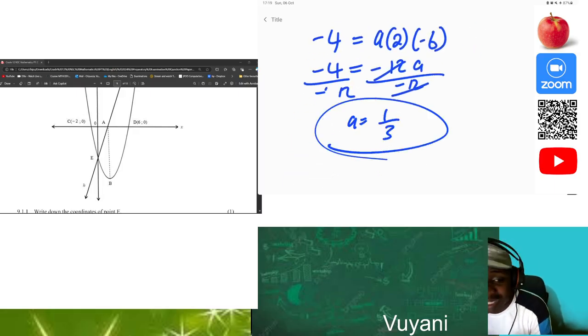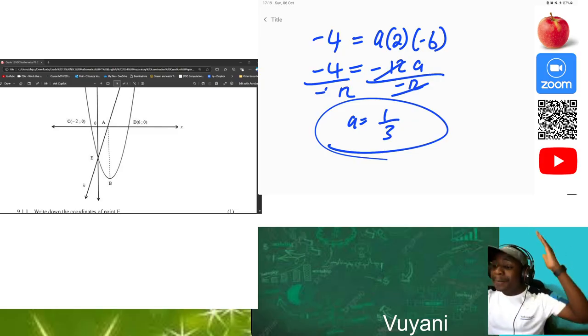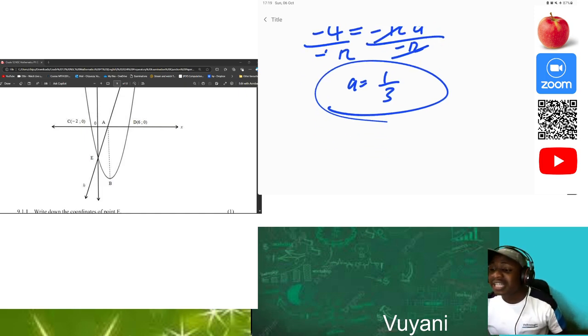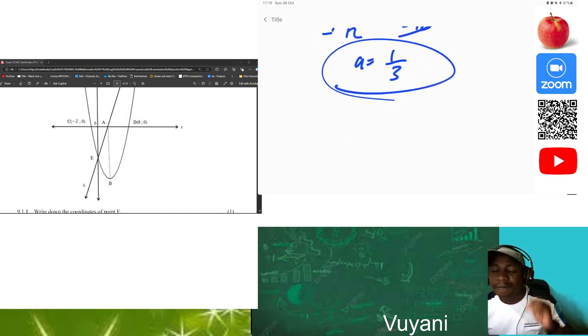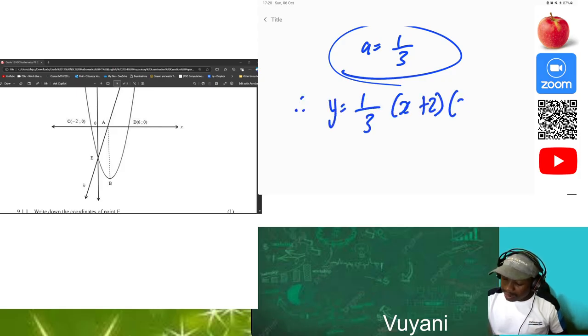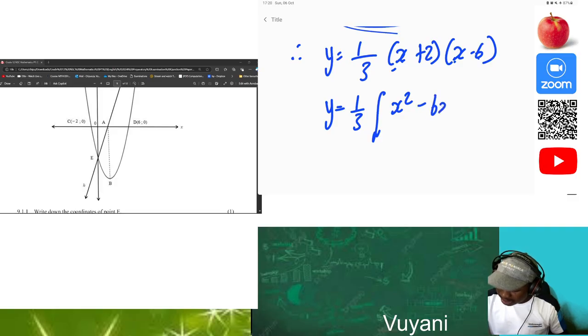But this is not what they asked. They say leave your equation in the form ax squared plus bx plus c, which means we need to finalize our equation in the standard form of a parabolic function. So by now we know that y is equal to 1/3 (x plus 2) multiplied by (x minus 6). Now we can expand that. x times x will be x squared. x times -6 will be -6x.